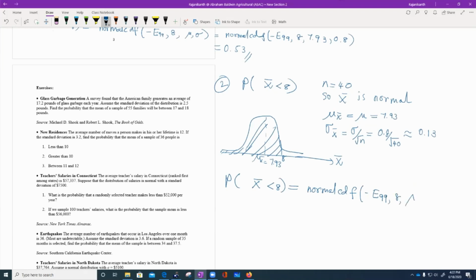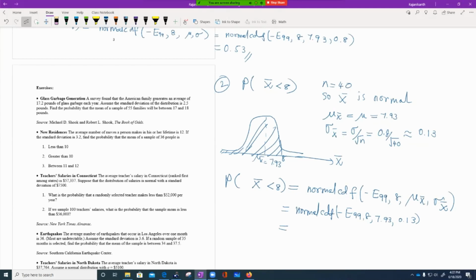But remember now I need to define my parameters mu x bar and sigma x bar, because I'm going to find it for the x bar distribution, right? So this is normal CDF, negative E99, 8, my mu x bar was 7.93, my standard deviation sigma x bar was 0.13.